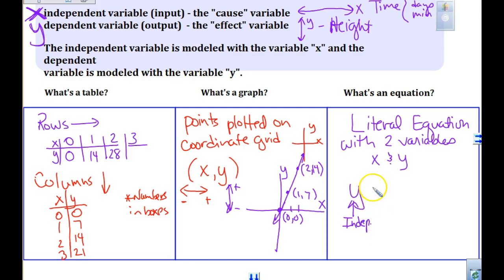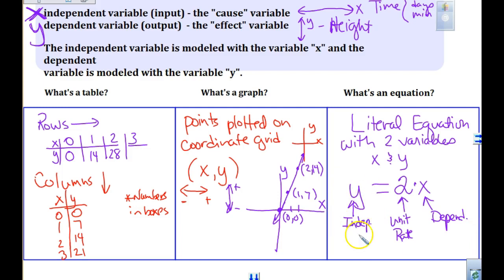Independent variable will be equal to, that's why I had that 13c where I was so concerned that you'd be able to do that, because it's always going to be y equals, and we are going to have what's called our unit rate, so it might be something like 2 times x, and this is going to be our unit rate, or our rate of change, times x, which is our dependent variable.